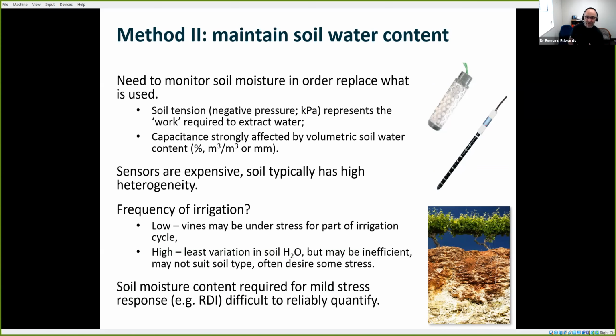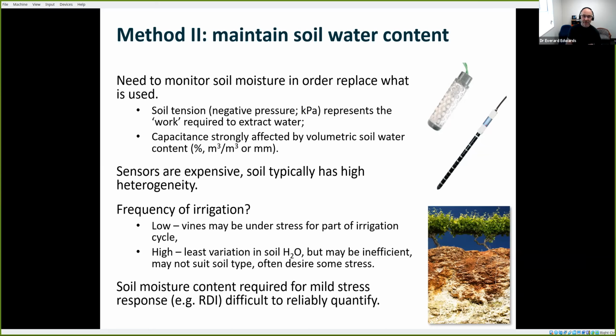And obviously this is what, in one way or another, quite a lot of growers are doing. So we need to monitor the soil moisture to do that. Now, you can go in with a spade, as in the old days, but that's not giving you a great estimate of the whole rooting system of the vine, particularly with drip irrigation where the water is not applied to the whole vineyard surface.